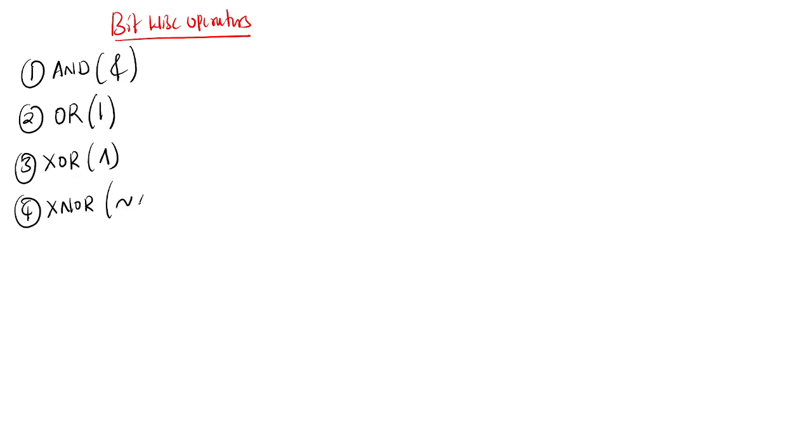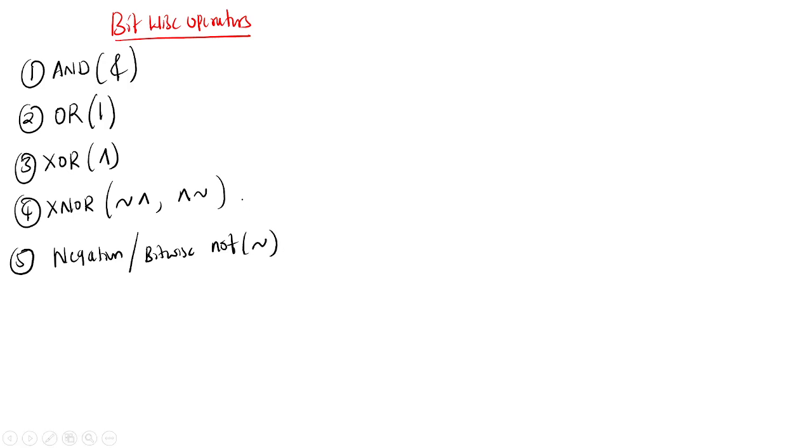So not of XOR or not of XNOR, these two symbols are there. And next negation, or bitwise not. This is the symbol for negation, the bitwise operator.